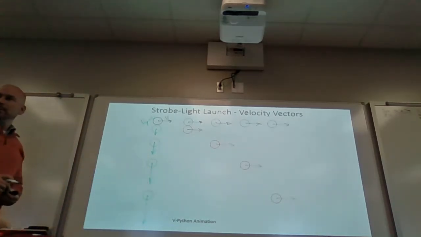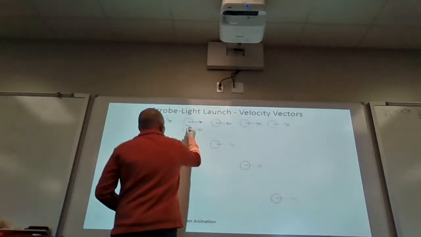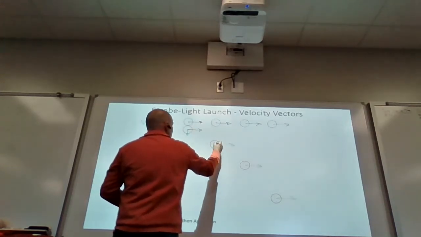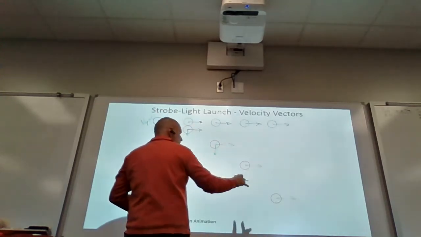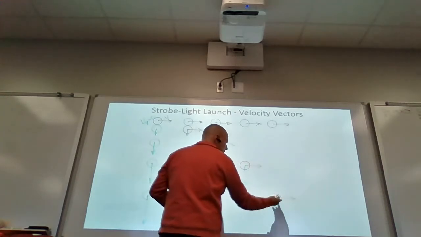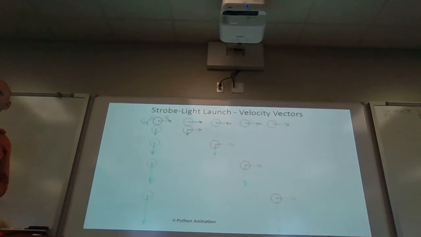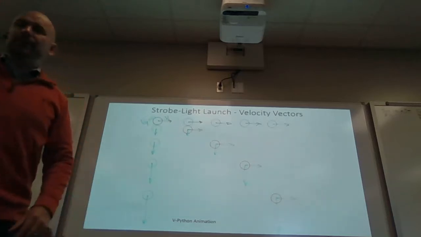That makes sense? It experiences acceleration. And this is exactly what happens with something that's dropped. This is exactly what happens with something that goes off horizontally: it speeds up in the vertical direction as well. So it is moving both horizontally and vertically at the same time.